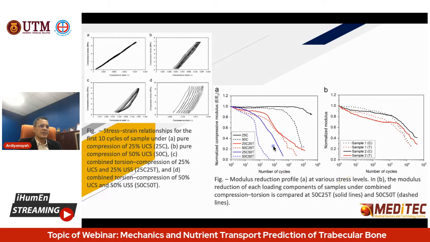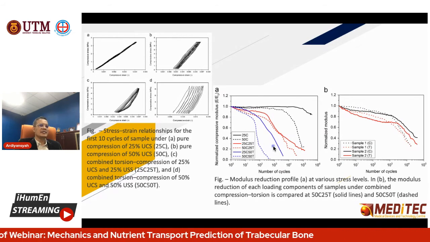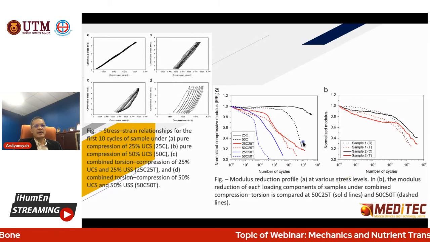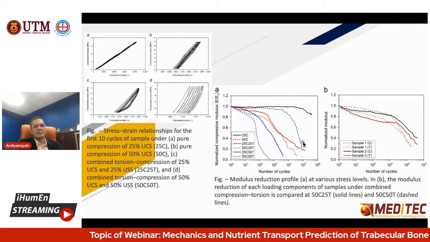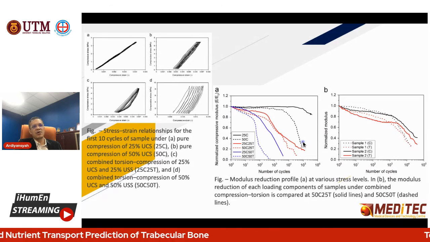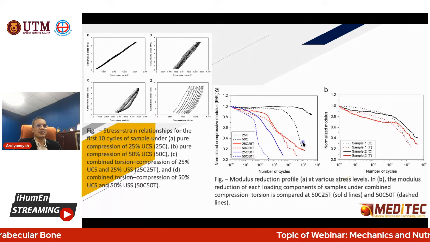So it means the cancellous bone does not tolerate torsional load well. That's why in sportsmen, they say if they do something extreme, then a crack in the bone is more possible compared with normal movement.